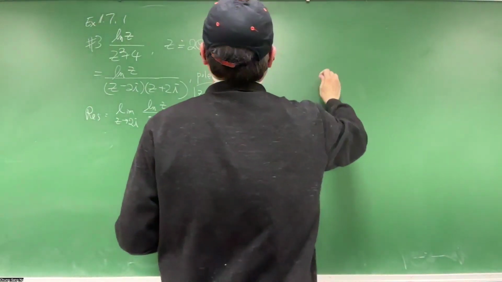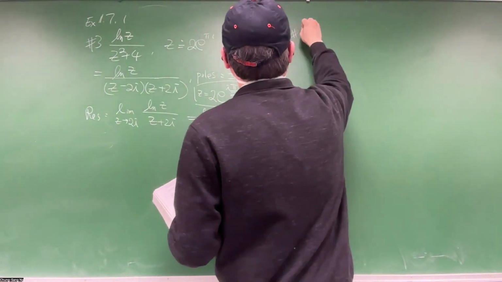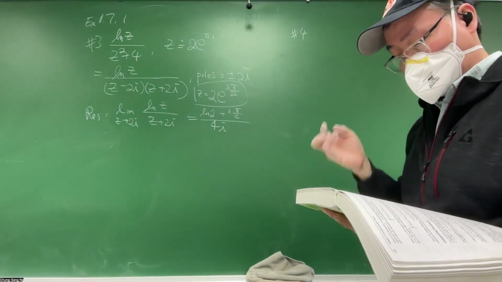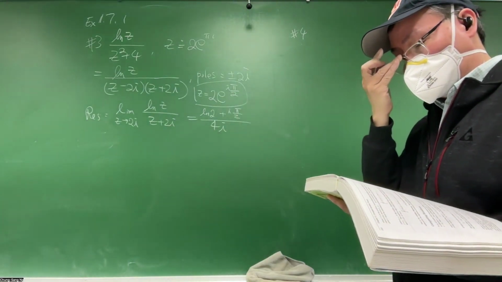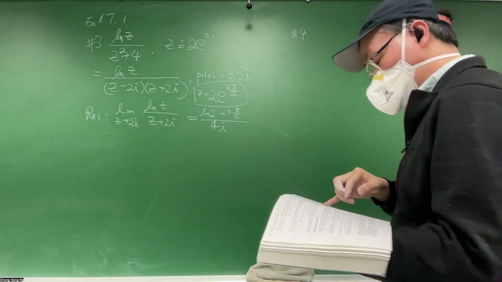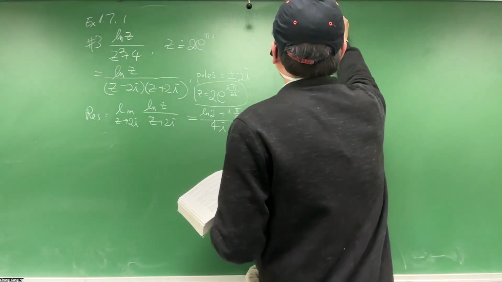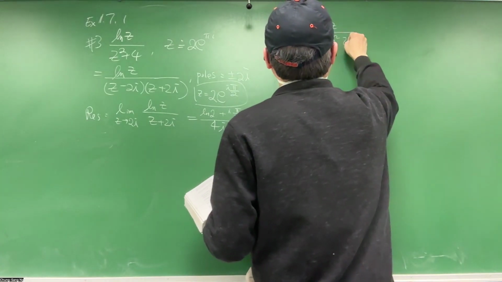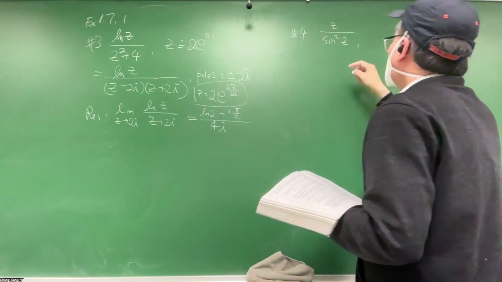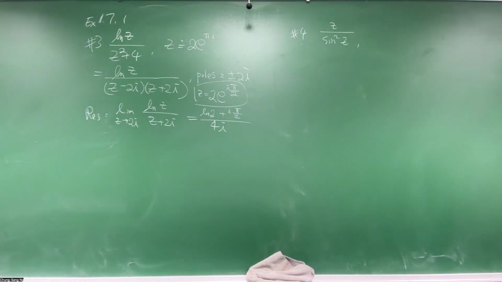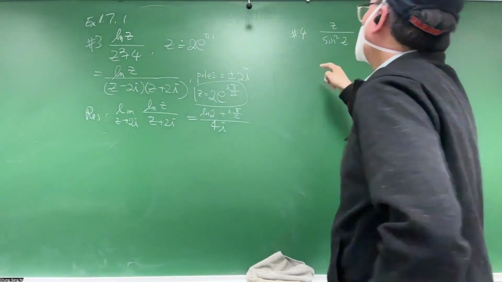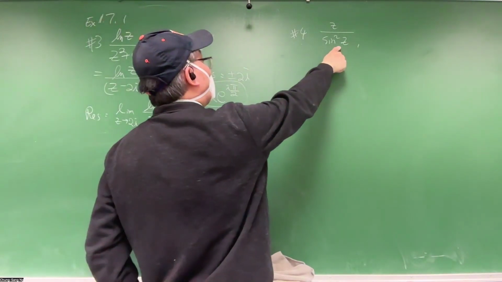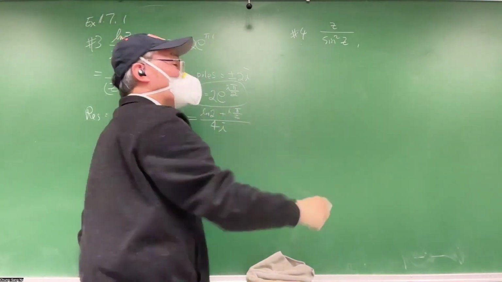The following one is of the form c divided by sine squared. So this function obviously has a pole at 0, and at all the zeros of sine z.